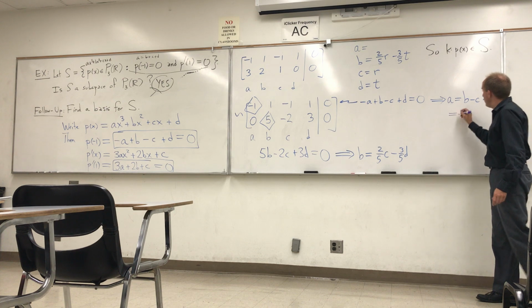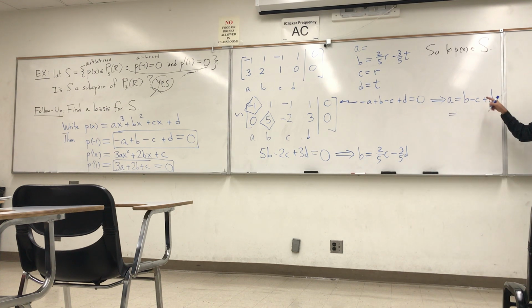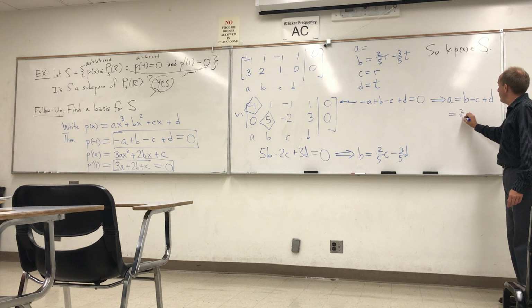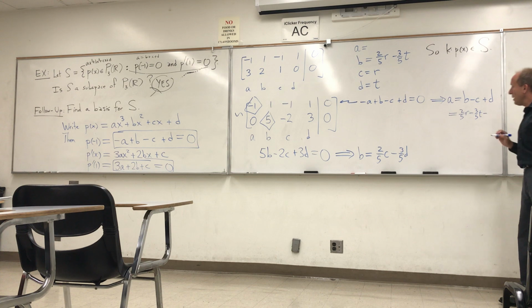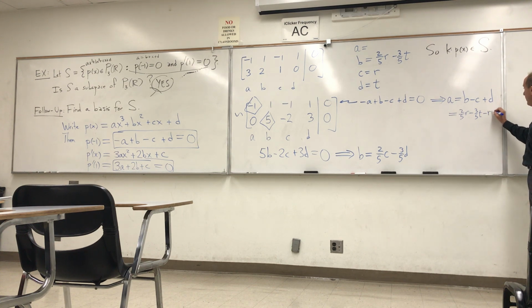And now what I have to do is just reduce B, C, and D in terms of R and T. So the B was 2/5 of R minus 3/5 of T. And then the C was just R and the D was just T. So 2/5 of R minus 3/5 of T, that's the B, minus C plus D. I can simplify this.